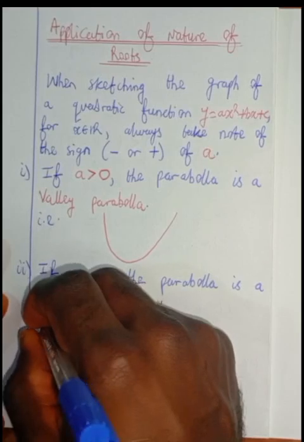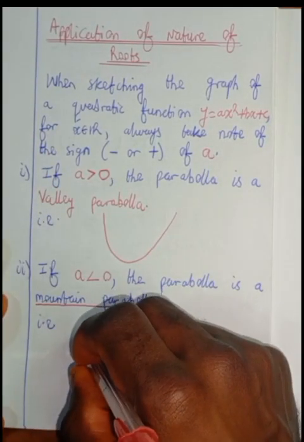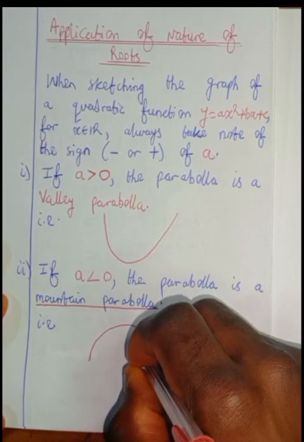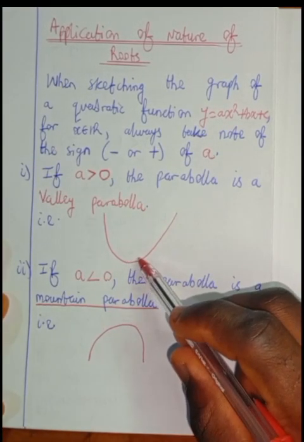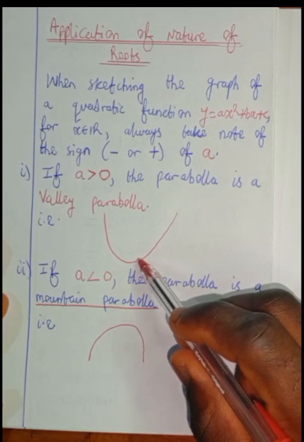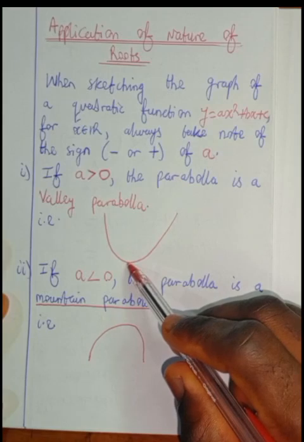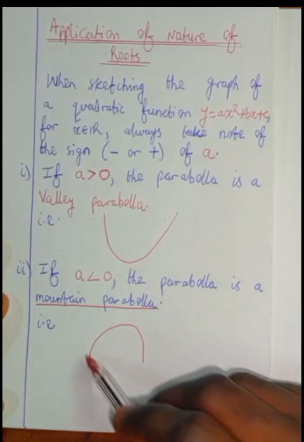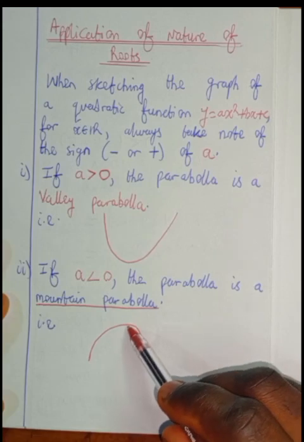And that is, you have something of this shape, goes up and comes down. When we have a valley parabola, we are going to say the quadratic function has a minimum point. When we have a mountain parabola, we are going to say the quadratic function has a maximum point.